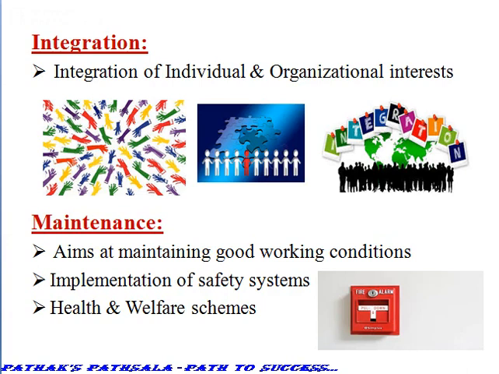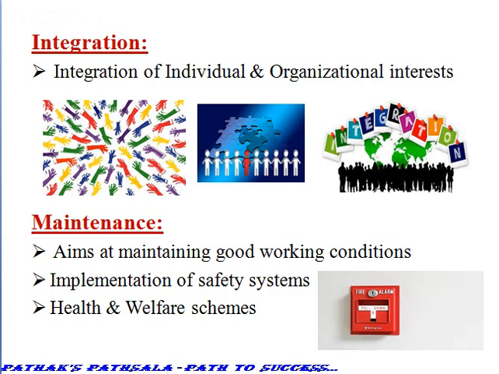The next operative function, maintenance, aims at maintaining good working conditions for the employees. The human resource manager must initiate steps for the physical well-being as well as the mental well-being of the employees.